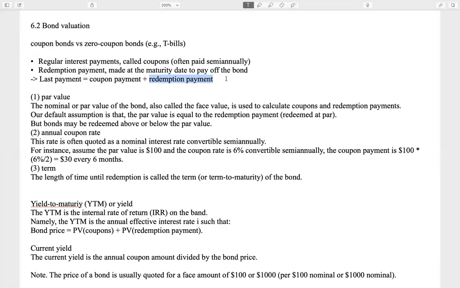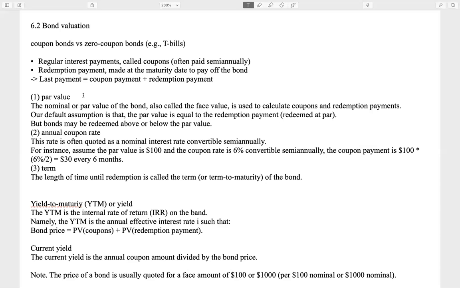The rest of payments only include coupons. So let's say there are 20 payments, then from the 1st to the 19th payments, they are the same. They are the coupon payments. But for the 20th payment, it will have two parts. Part 1 is the coupons. Part 2 is the redemption payment.